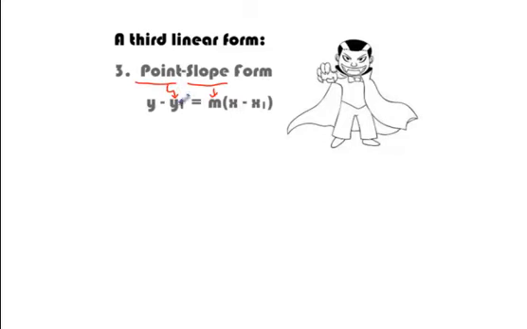See, it's got a subscript, sub 1, whereas this doesn't. This y is going to be a y, typically. And here is my x-coordinate for that point. So my point is x sub 1, comma, y sub 1, and my slope is m.